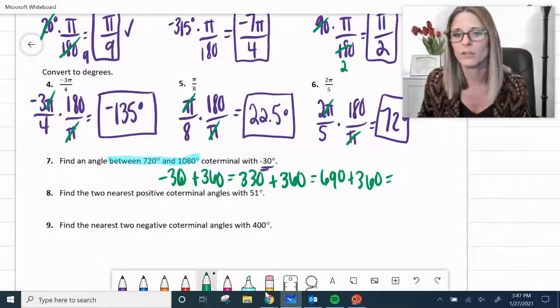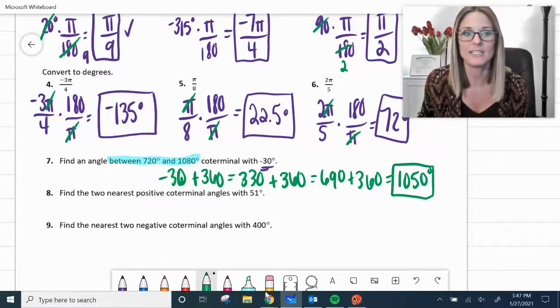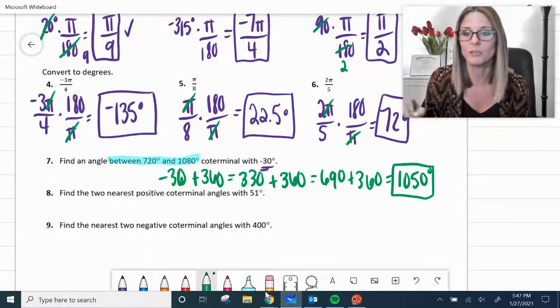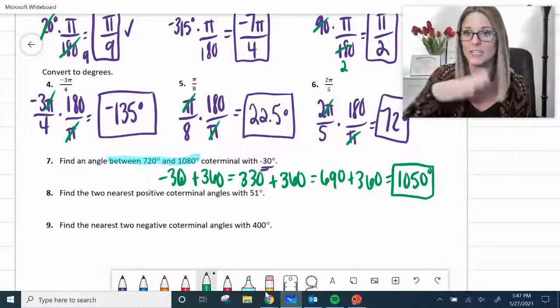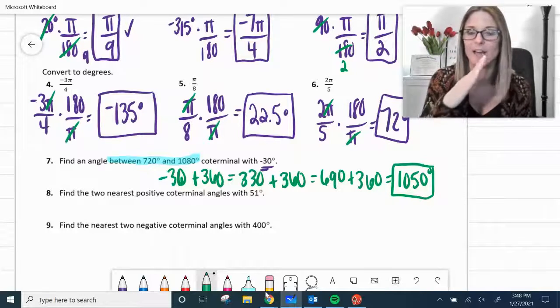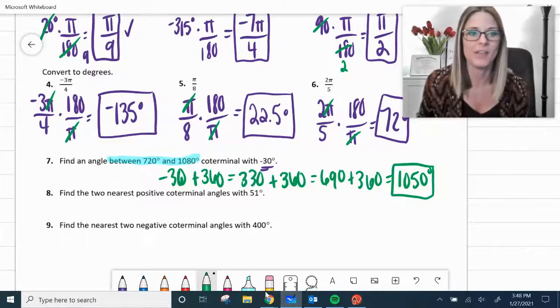What do we get? 1050 degrees. Is that big enough? Yeah, awesome. There is your answer. It is an angle between 720 and 1080 that's coterminal with negative 30. If I graphed it on the coordinate plane, it would have the same terminal side as negative 30. Let's look at another one.